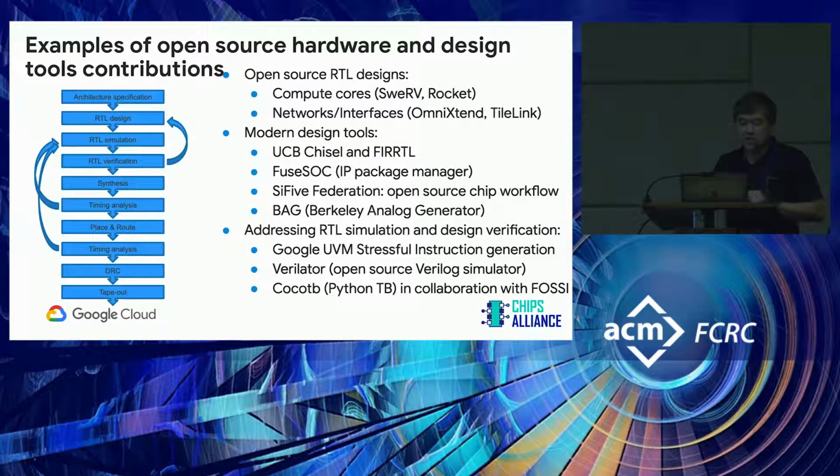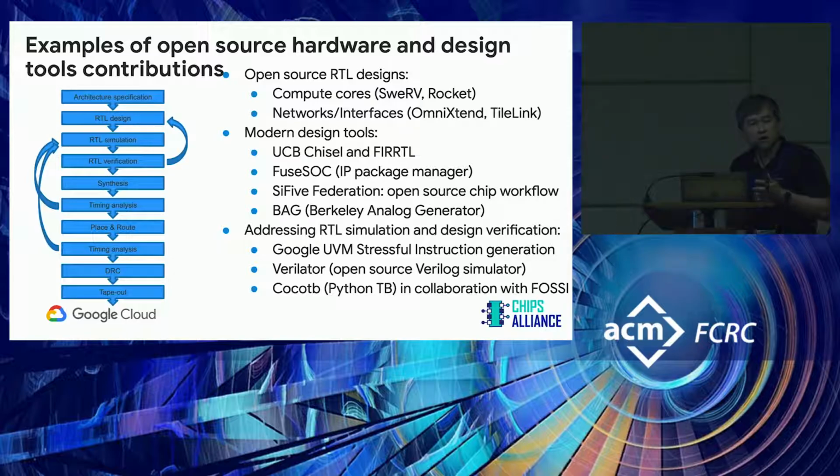Okay, so I had said that to get the ecosystem to really be viable, you have to provide more than just the RTL. So this is a list of some of the things that have been contributed already or were mentioned and presented at that workshop that shows you the kind of range of stuff that we're dealing with, right? So at the top, there are indeed open source hardware designs.